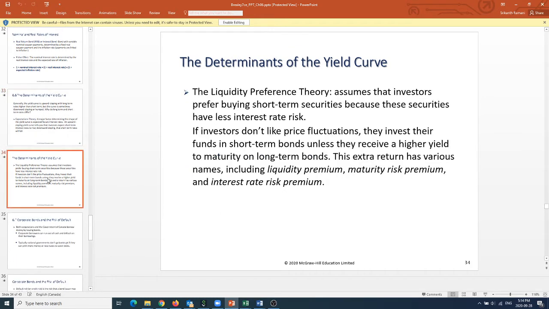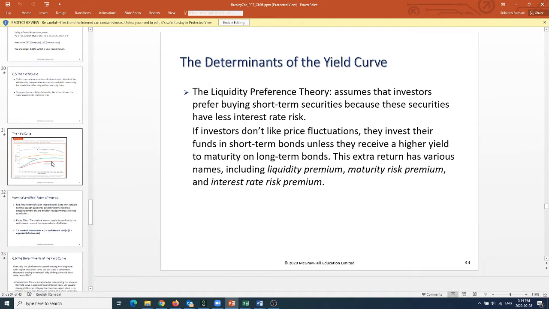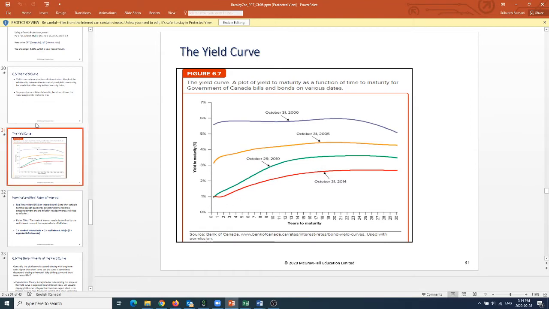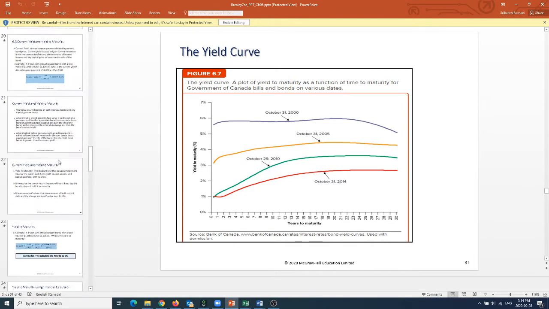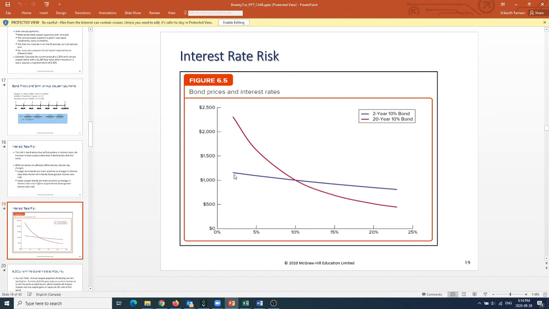Okay, the other major theory is the idea of the liquidity preference theory, where most investors prefer to be in the short term. Why do you prefer to be in the short term? Well, you did see that if interest rates ever change, the shorter term bond typically tends to be a lot less volatile than the longer term bond.